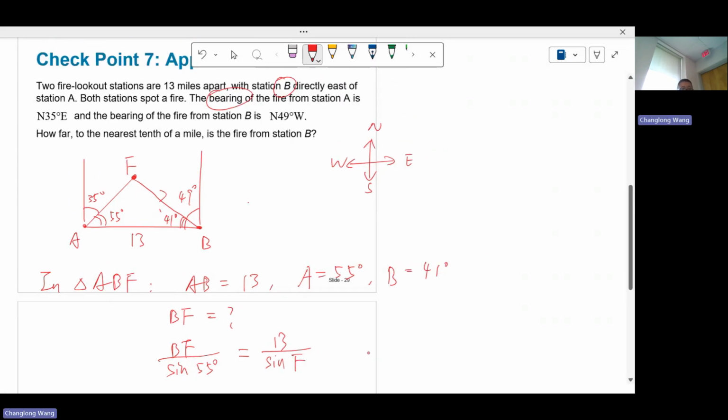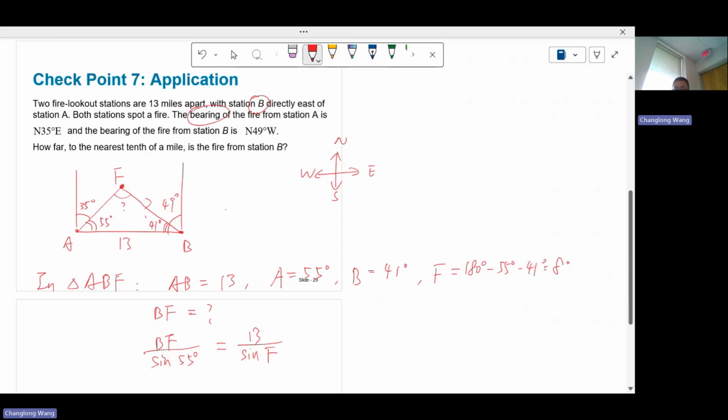Can we figure out the angle F, which is on the very top? Yes. F is easily calculated by subtracting both 55 and 41, and I believe you get 84 degrees, if I remember correctly. So now let's go ahead and put 84.